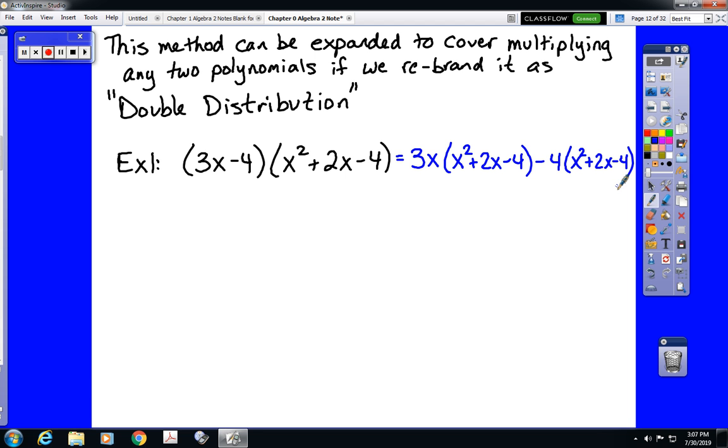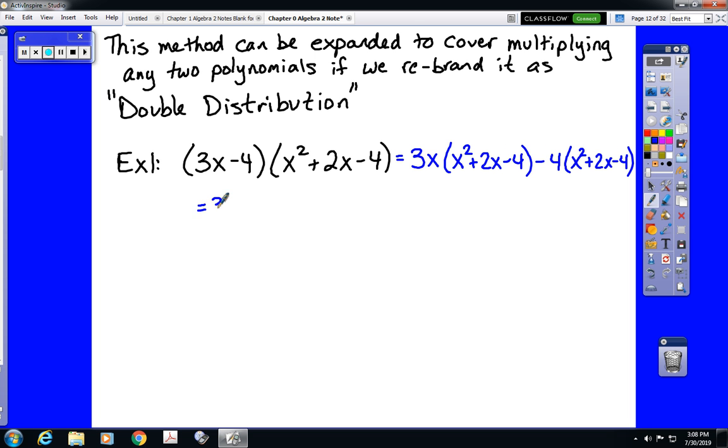So negative 4 times x squared plus 2x minus 4. Now, everybody in this course should know that that means we're going to distribute. So if you notice, what we did was we distributed this backwards to each term. And now we're going to distribute those terms through their individual sets of parentheses.